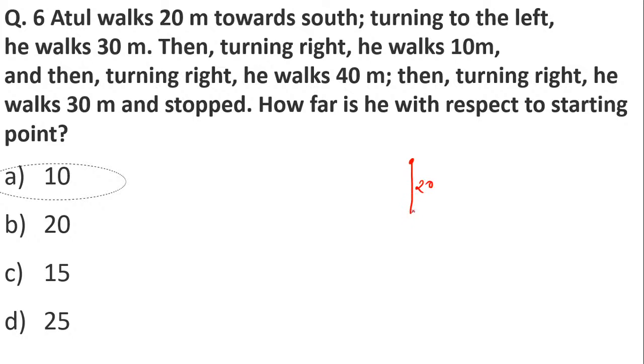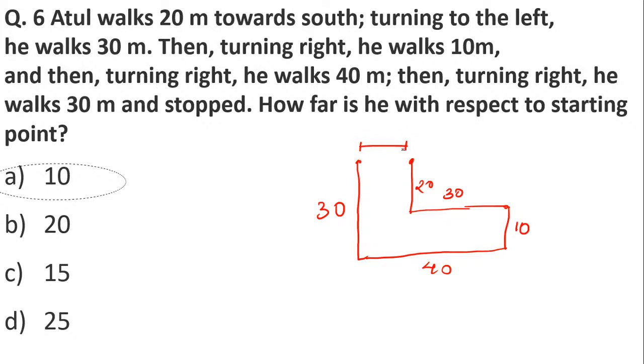So now if he is turning left, it will be this side. Turning left, he walks 30 meters. And then turning right, he walks 10 meters. 10 is this much. And then turning right, he walks 40 meters. So 40 meters will be a huge distance. And then turning right, he walks 30 meters again. So 30 meters is again this much. So you see, 10 and 20 will be 30. That is why Atul is just 10 meters from the starting point.